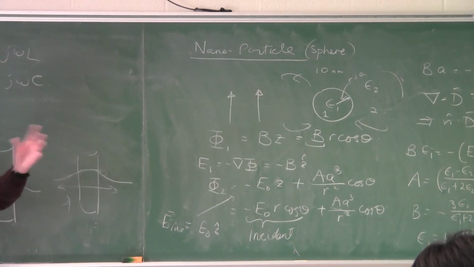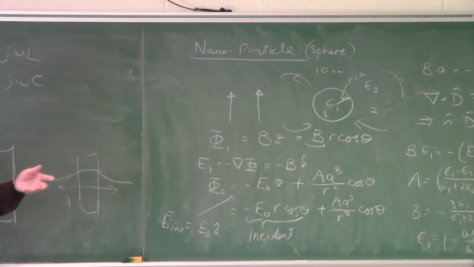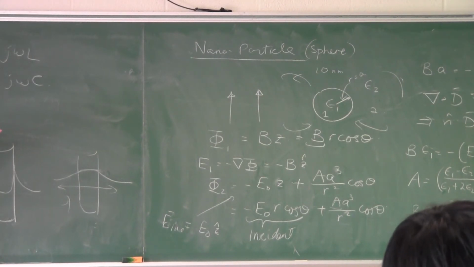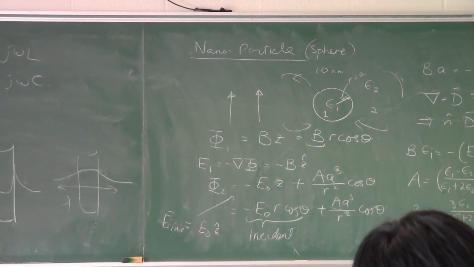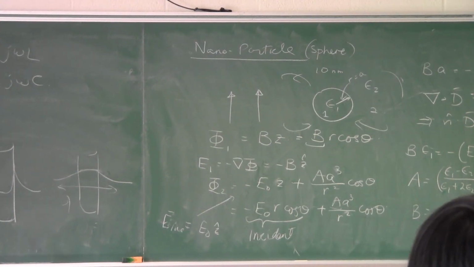Those two are exchanging between themselves, like a swing in the park, where you exchange potential and kinetic energy. In an inductor circuit, you exchange stored magnetic field and stored electric field. But in this case, it's not stored magnetic field, it's stored energy in the kinetic energy of the electrons. That stored energy is being exchanged with the stored energy outside, and it starts to have this plasmonic resonance.